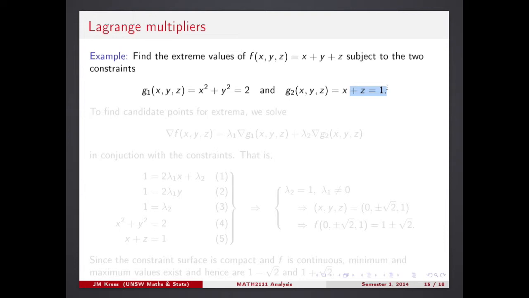X will be root 2 cos t, y will be root 2 sine t, z will be 1 take away root 2 cos t. That's the parameterization. You can substitute this parameterization into the function and solve a one-dimensional problem, a first year problem. You can. It's a lengthy and unpleasant solution.